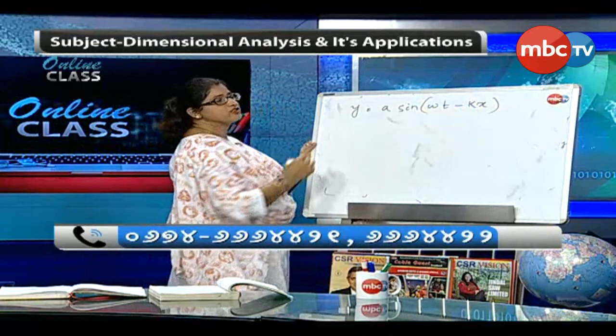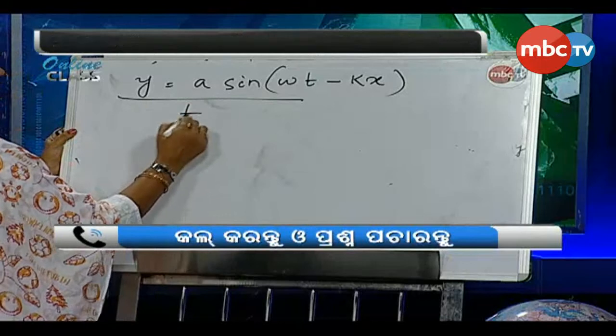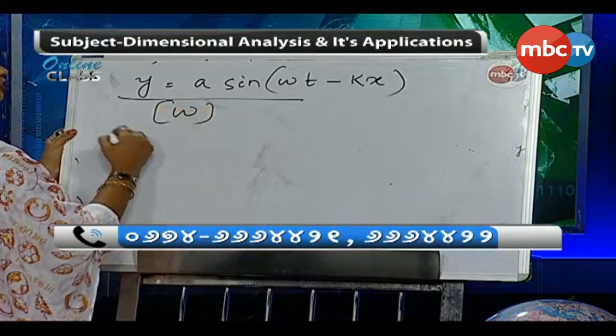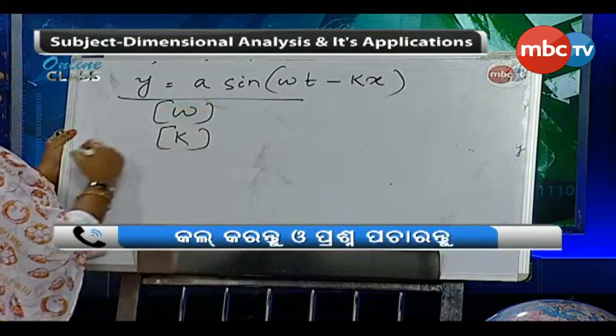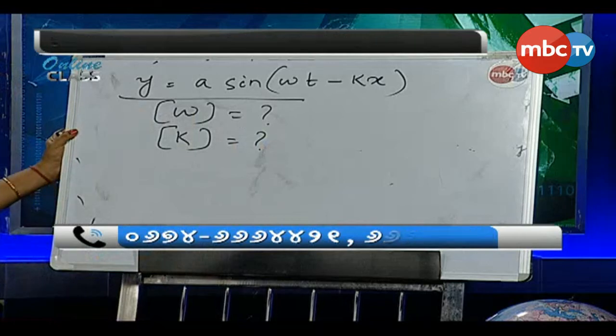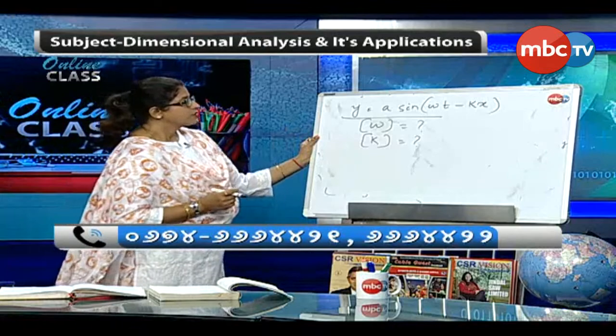Suppose this type of equation is given, and the question is: you have to find the dimension for this omega and the dimension for this k. What is the dimension of this and what is the dimension of this? How can you calculate?